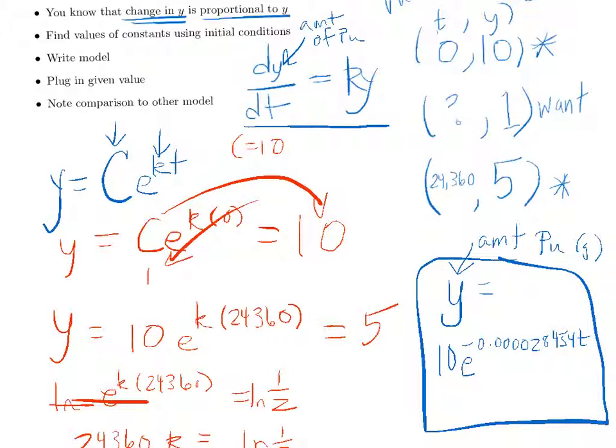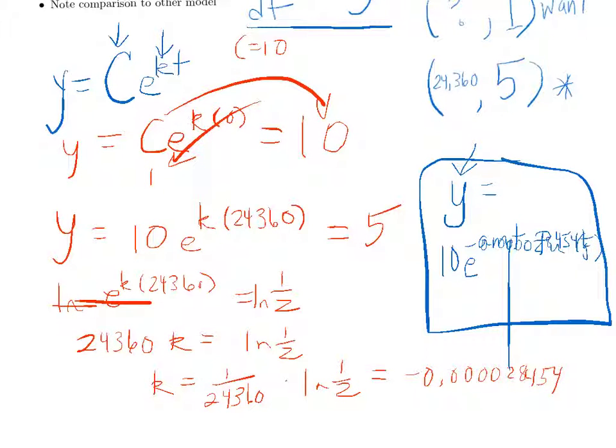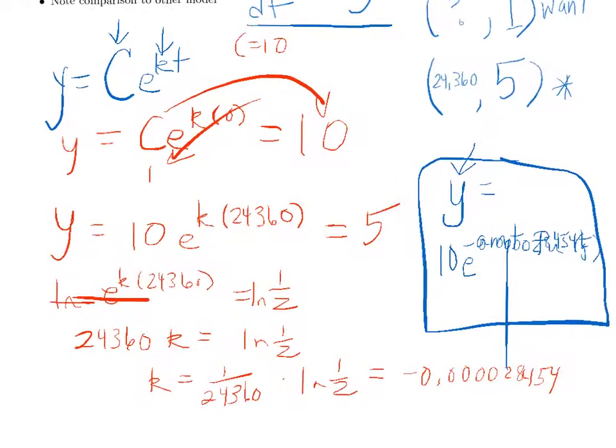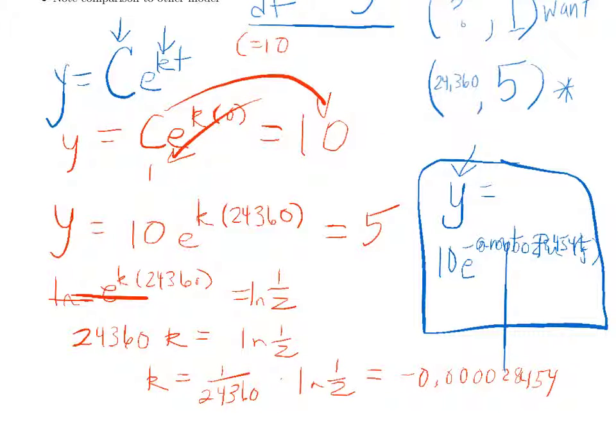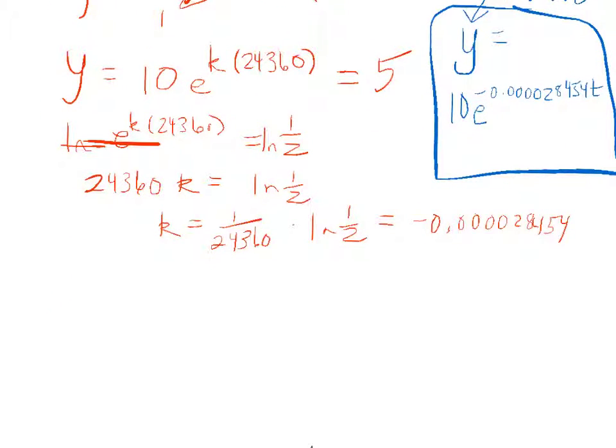Okay, so now our question is, when is the amount 1 gram? How do we solve that? There we go. Okay, that's the amount of Pu. So set it up so that y is equal to 1 and solve for t.